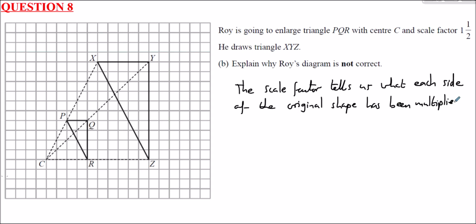For example, if the scale factor was 2, that would mean each side gets doubled. If the scale factor was 3, each side gets tripled. If the scale factor was a half, each side's been halved.